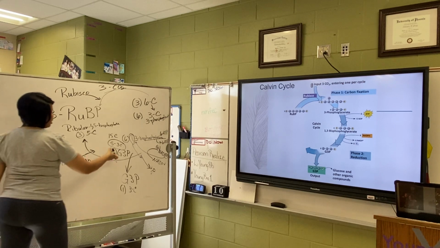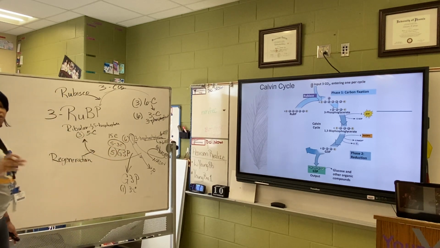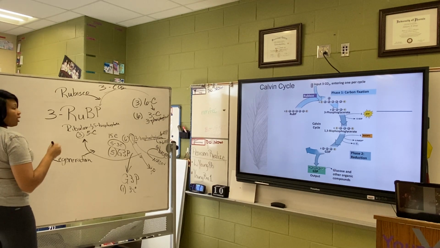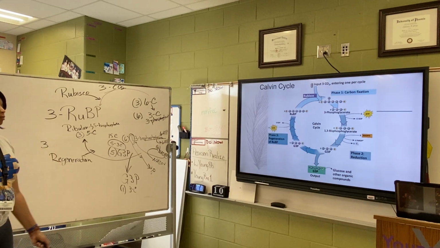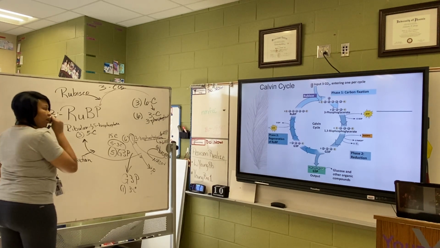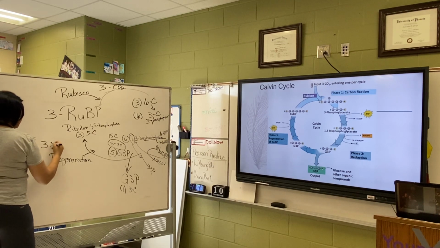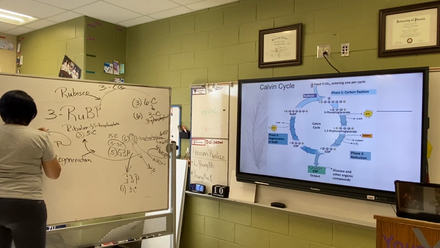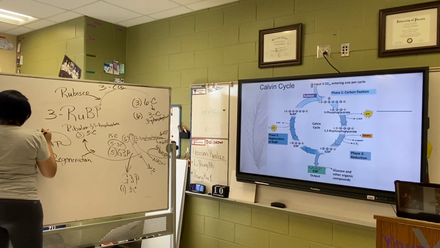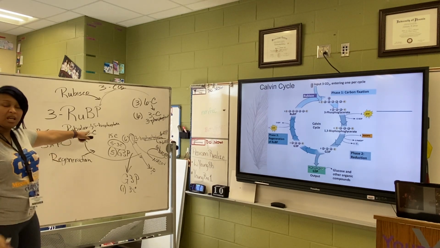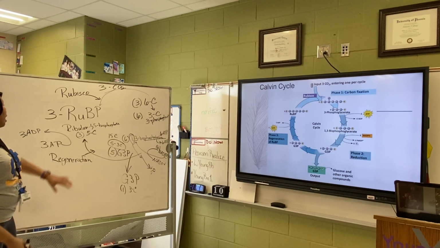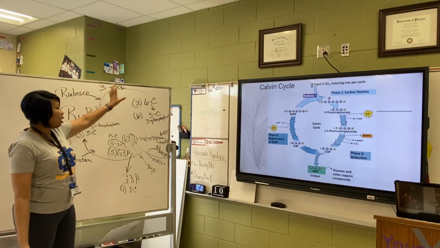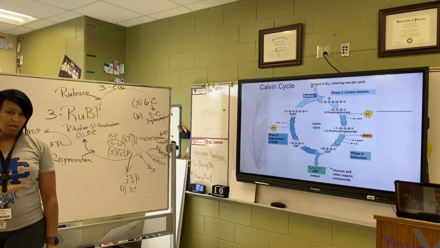So in addition to rearranging these bonds to make those 3 5-carbon compounds, you're also going to have to put in 3 more ATP, because you have to add in that additional phosphate that's needed to make this molecule be ribulose 1,5-bisphosphate. And once it is regenerated, the cycle goes all over again, okay?